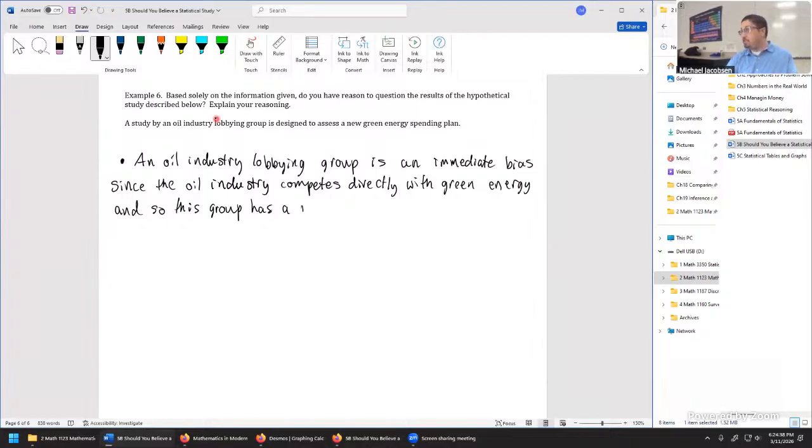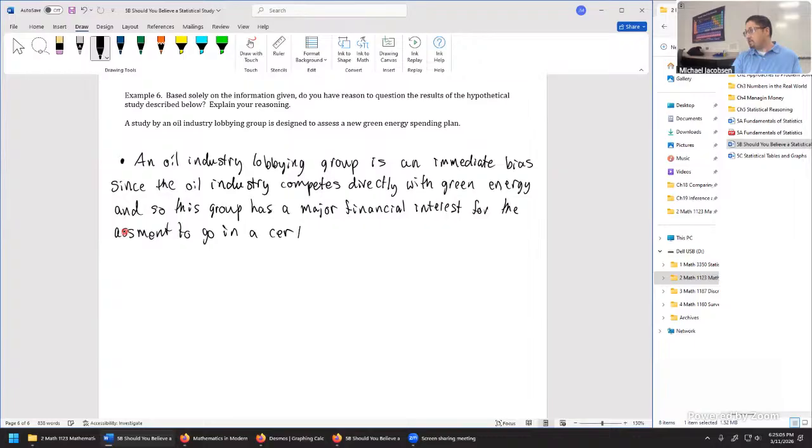I'll just say has a major financial interest for, again, they're going to assess. So I'll just say the assessment to go in a certain way.